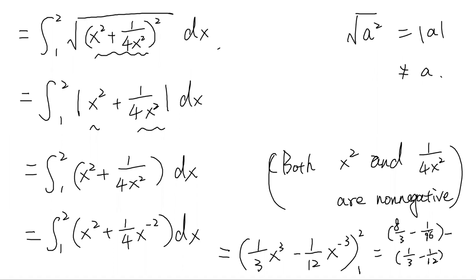And then this guy is equal to 255/96 minus 1/4. So it's equal to 231/96. And again, decimal numbers are allowed here.